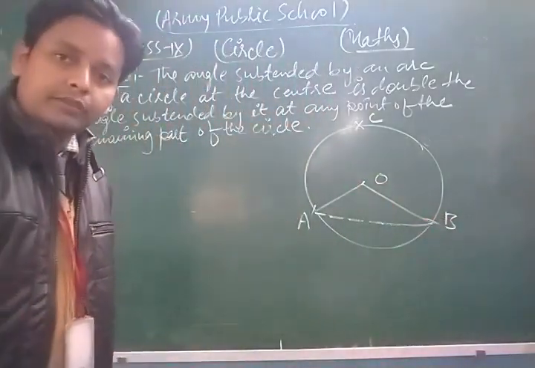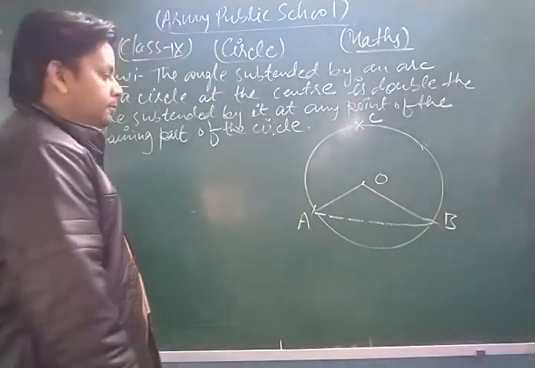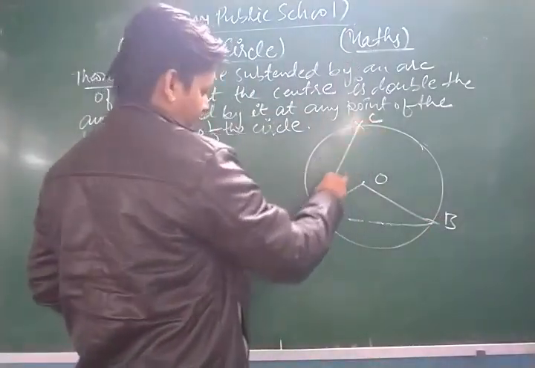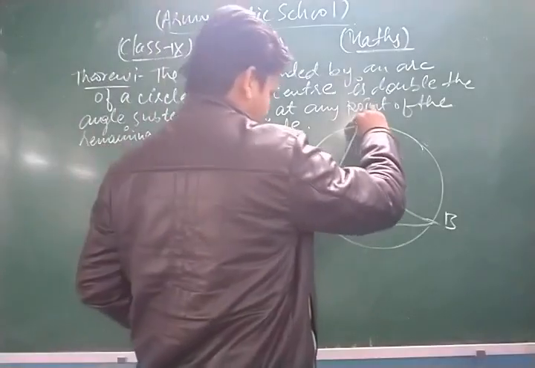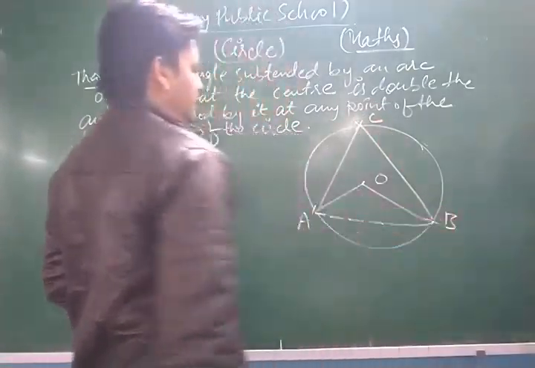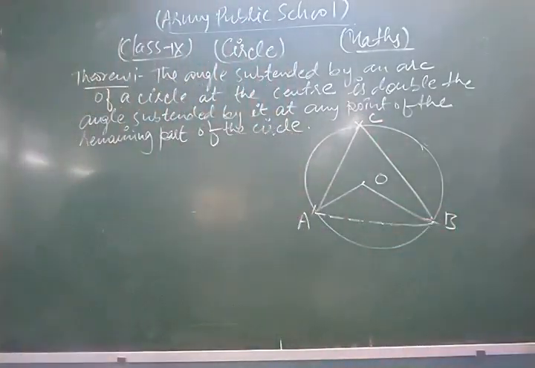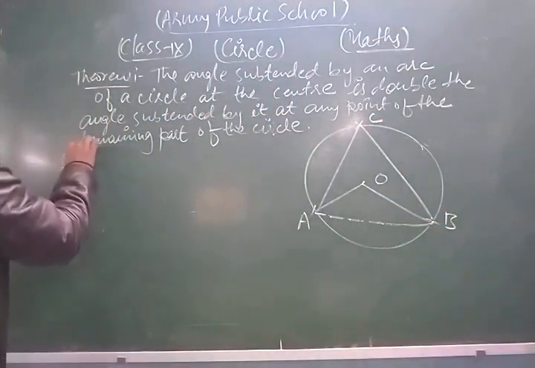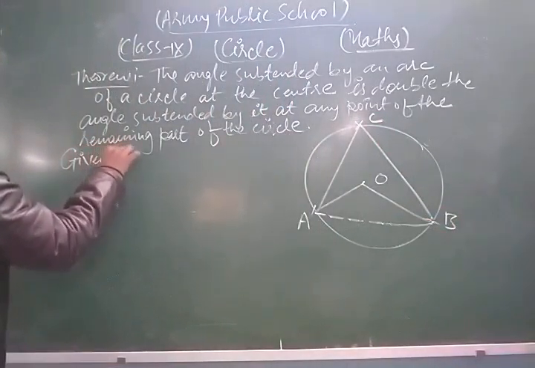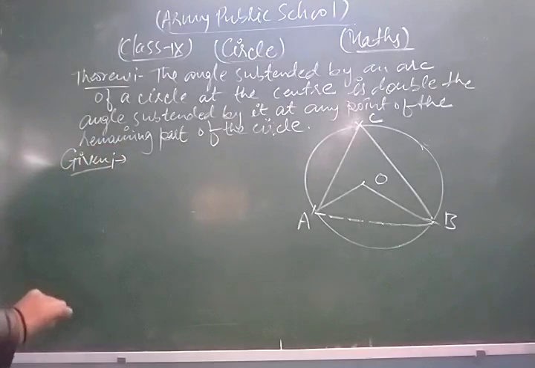Now we also have to do some construction. We join AC and BC respectively. First of all, we write the given.